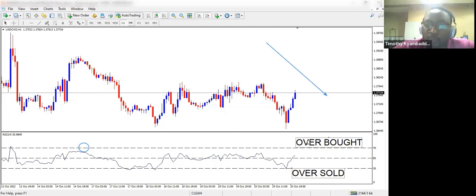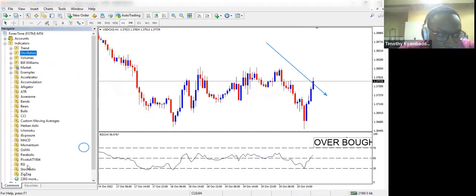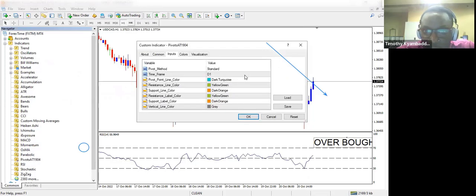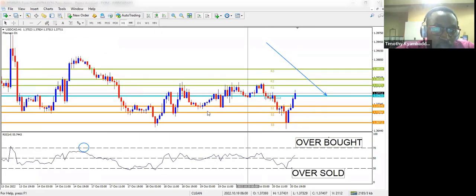Okay. So just to give you some perspective, let me load one of our leading indicators as well. So we simulate real conditions here. And I normally use this pivot point strategy in the Fibonacci form.